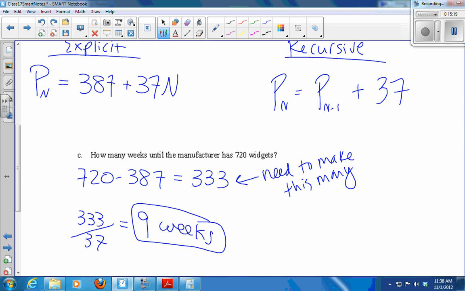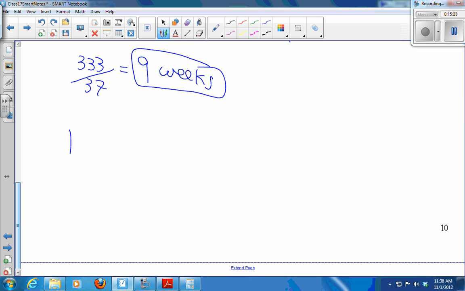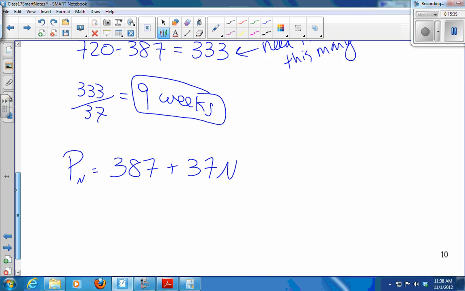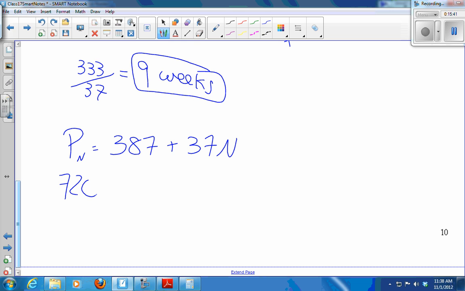So if I start with my explicit formula, P sub n equals 387 plus 37n, the number they gave me, 720, is that the population of widgets or the number of weeks? It's the number of widgets. So I'm going to replace the P with the 720. And then I would solve this for n.